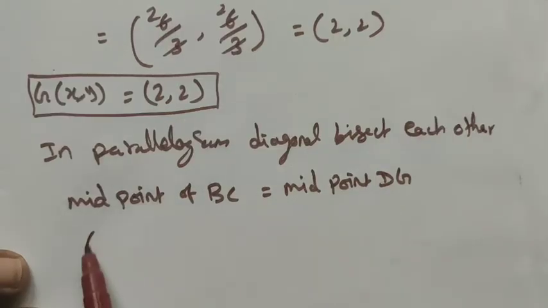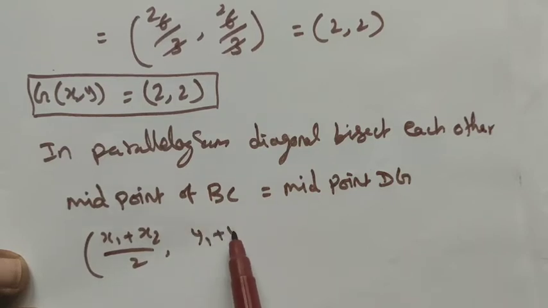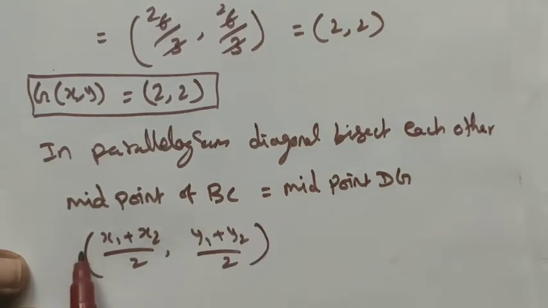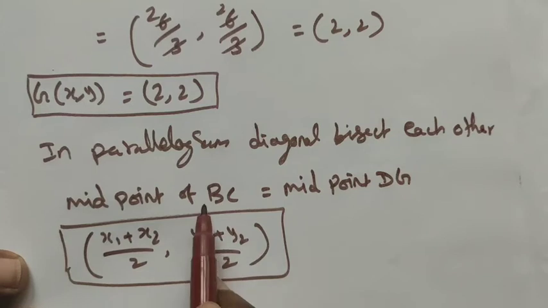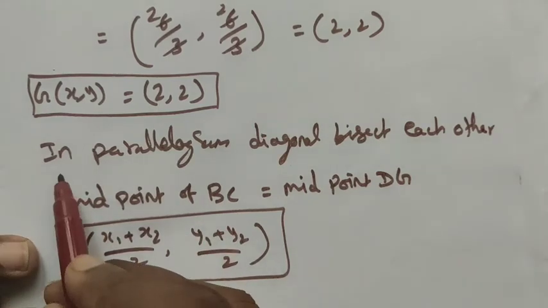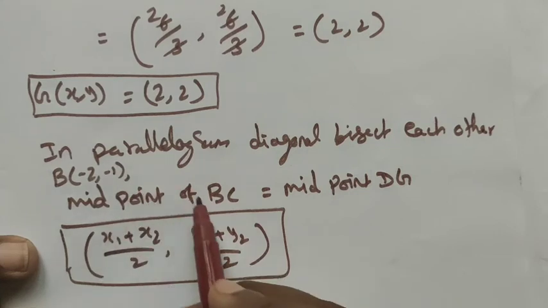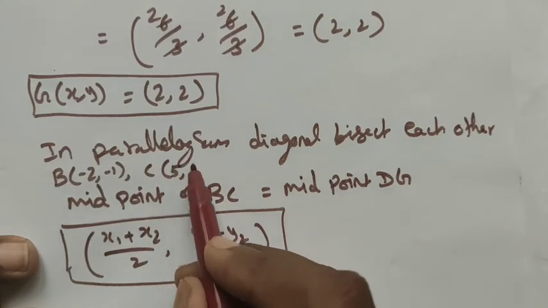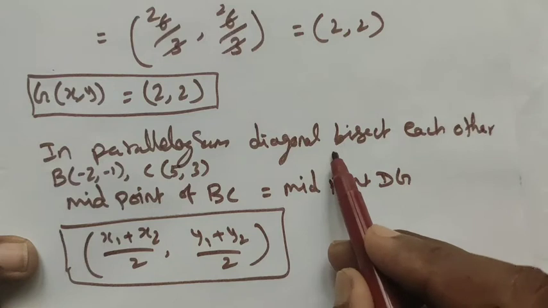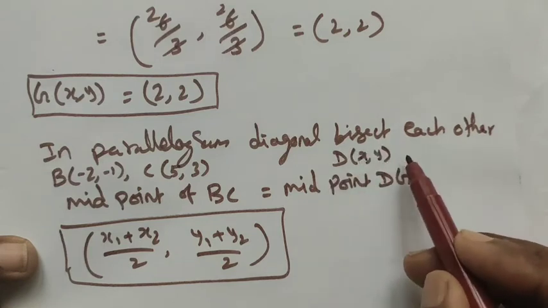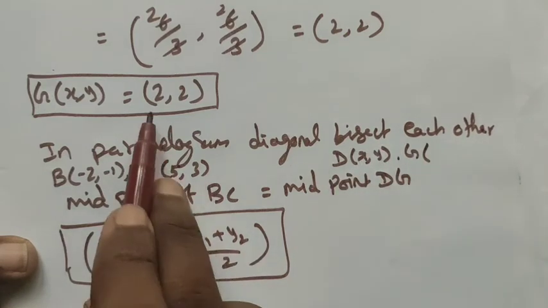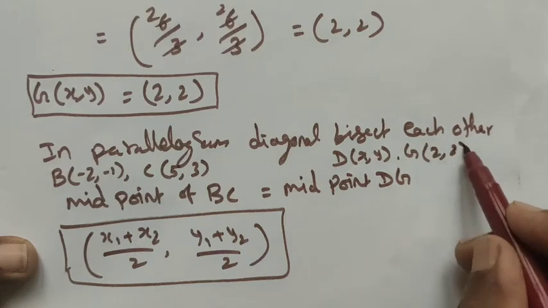We know the midpoint formula, that is (x1 plus x2) divided by 2 comma (y1 plus y2) divided by 2. Now the B point is given as minus 2 comma minus 1 and the C point is given as 5 comma 3. Here D, let me take it as x comma y, and G, which we have now found, is 2 comma 2.